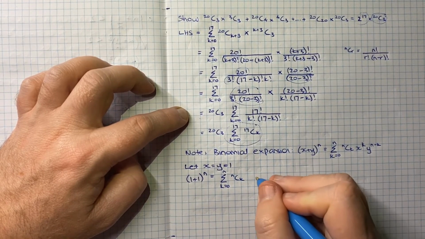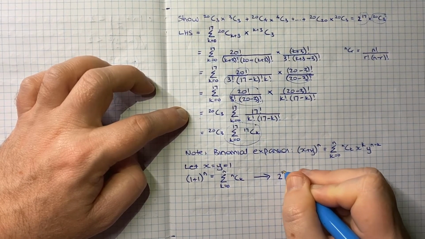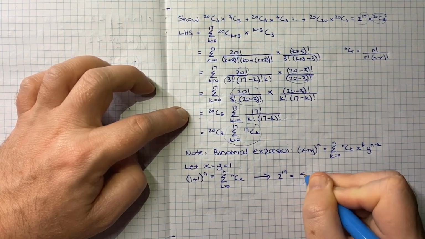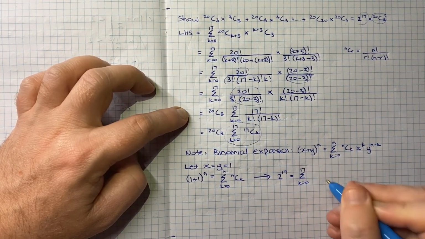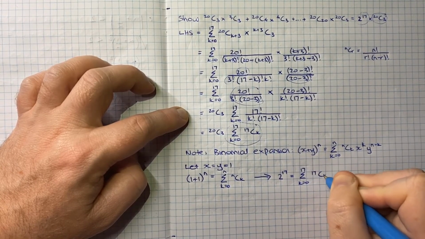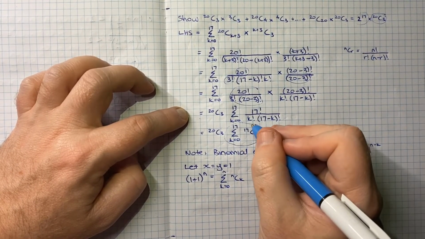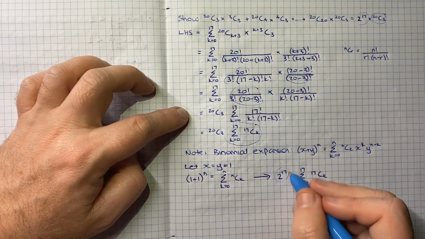So what that means is 2 to the power of 17 is equal to the sum from k equals 0 to 17 of 17Ck. And that's exactly what we've got here. Sum from k equals 0 to 17 of 17Ck. So that is 2 to the 17.